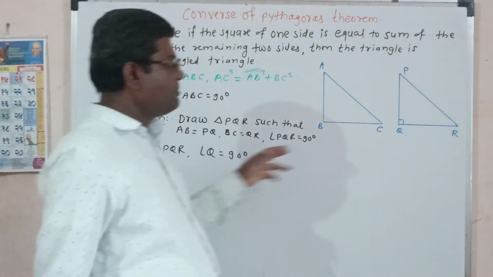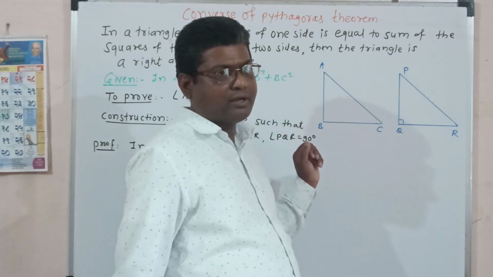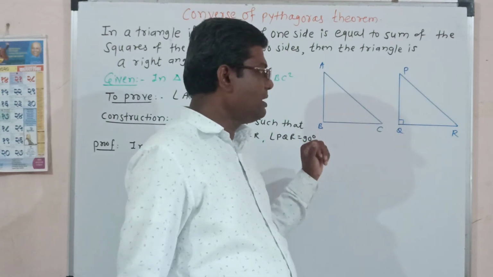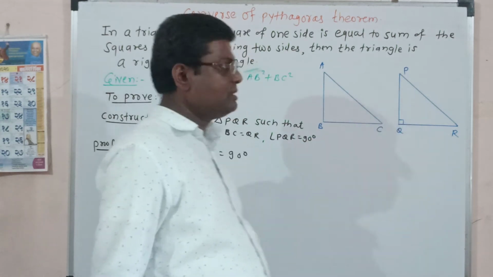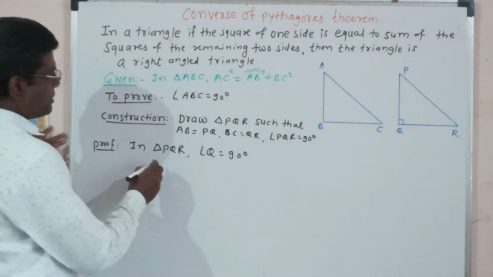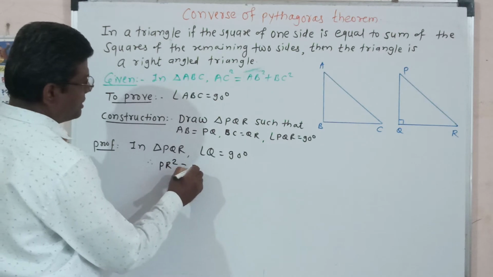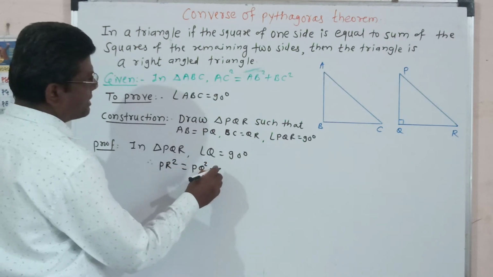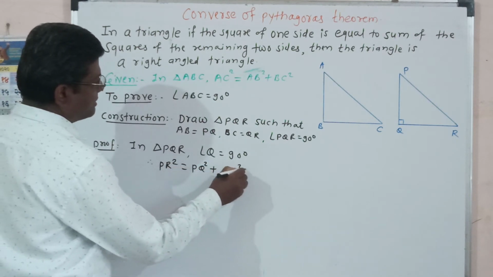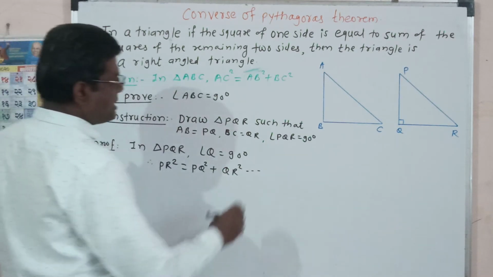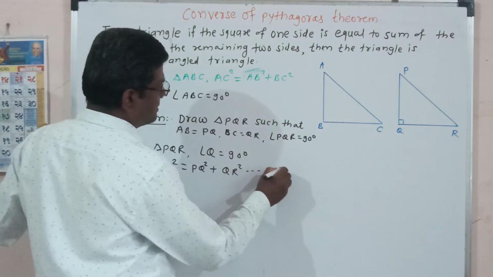Therefore, this triangle PQR is a right angled triangle, and we can apply Pythagoras theorem for this triangle. Therefore, we write PR square is equal to PQ square plus QR square. This is according to Pythagoras theorem.